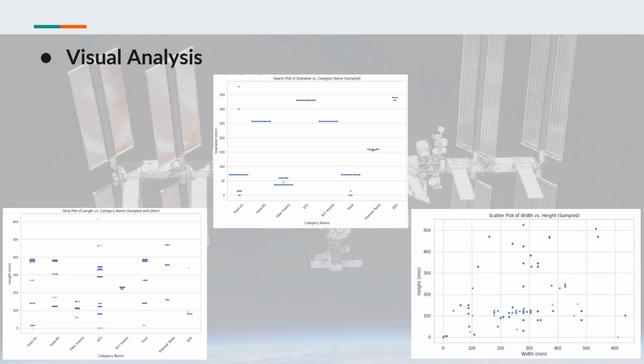So this is a visual analysis of the height and width with a scatter plot, as well as a few other visual guides to see if there was anything obvious, low-hanging fruit so to speak, to dive into more.